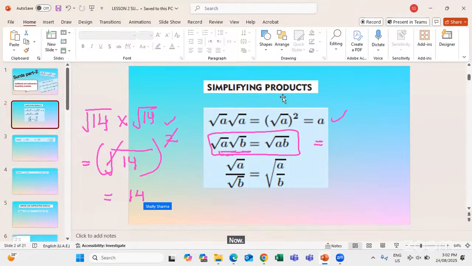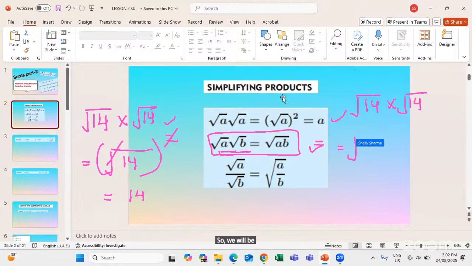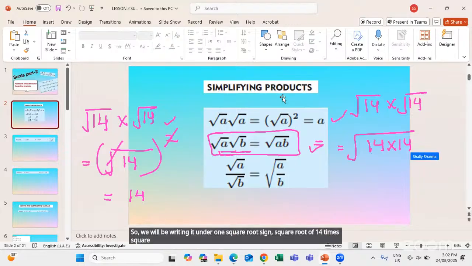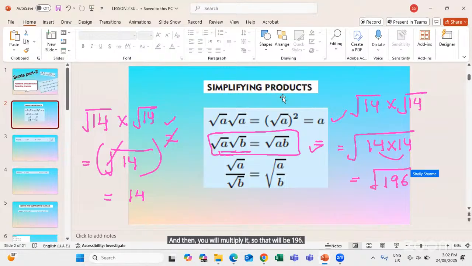Now, if I do the same question using this second method, it will be square root of 14 times another square root of 14. So we will write it under one square root sign, square root of 14 times 14, and then multiply it, so that will be 196, and then you try to simplify it, which is 14.